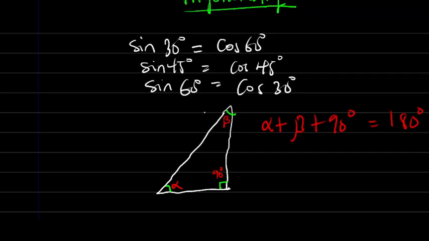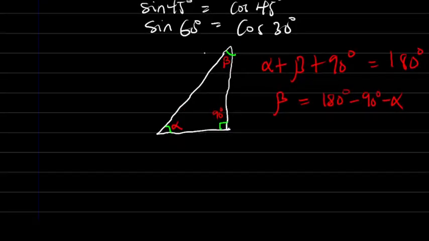That means I can write beta as 180 degree minus 90 degree minus alpha. So I can rewrite beta as this. By doing this, 180 degree minus 90 is 90 degree minus alpha. Good.